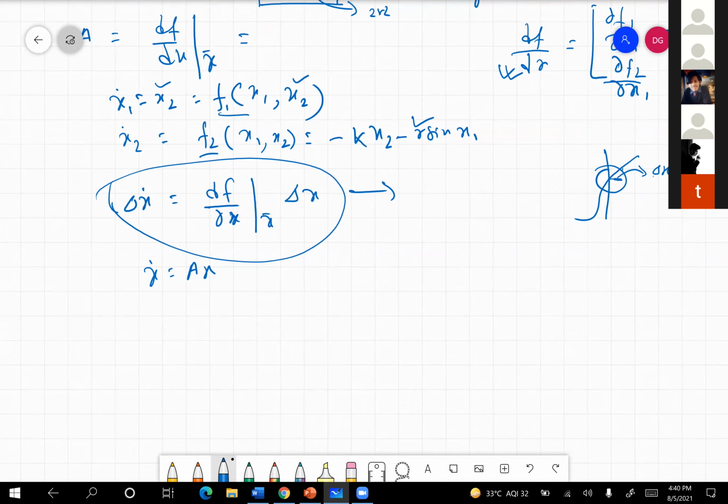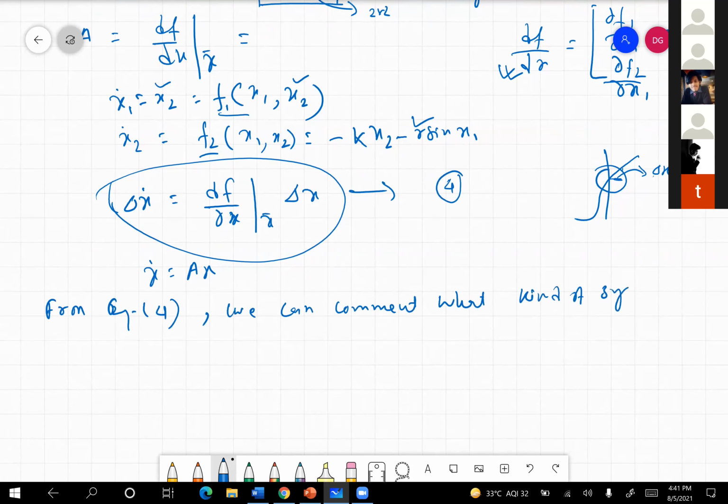So from this equation, let's write this equation. From equation 4, we can comment on what kind of system it is, whether it is stable or unstable.